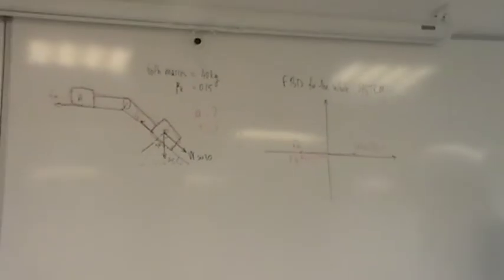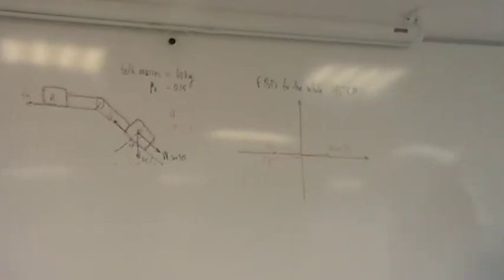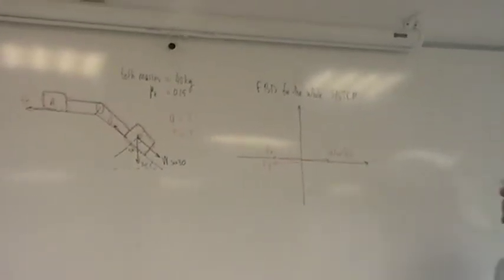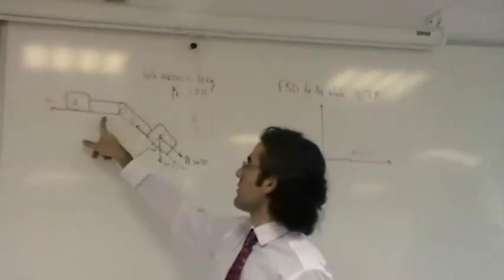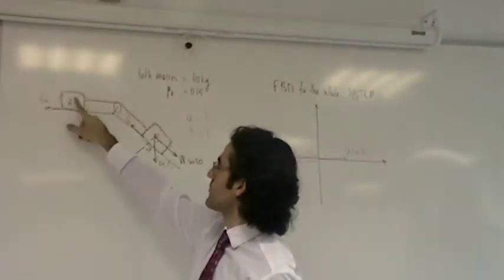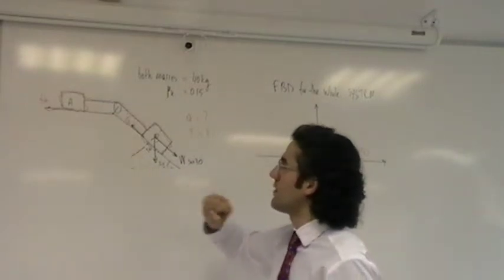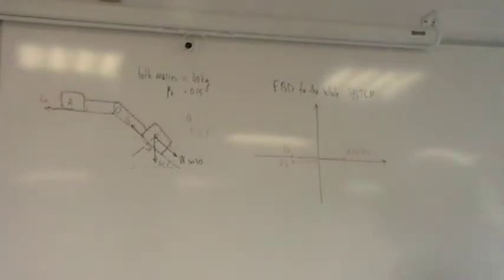Are there any other forces trying to rotate this system? I guess not, because this is a horizontal plane, so the component of weight has nothing to do with the motion so far. Now here is the net force: net force is equal to mass of the whole system times acceleration.